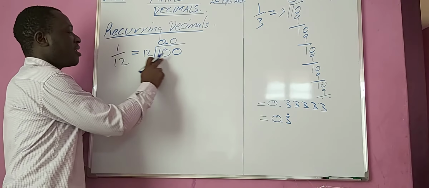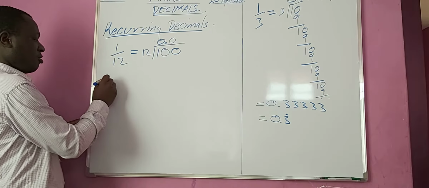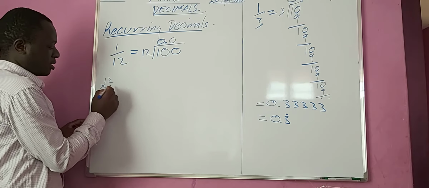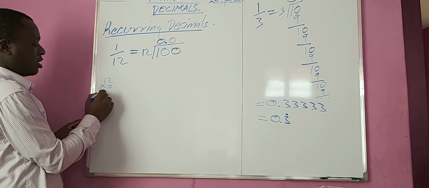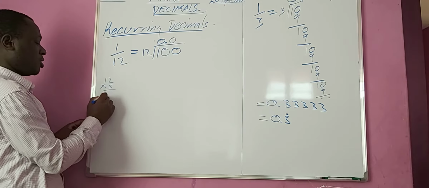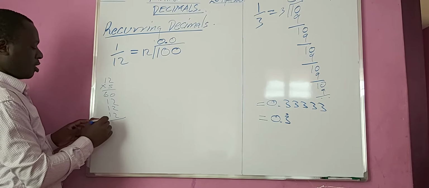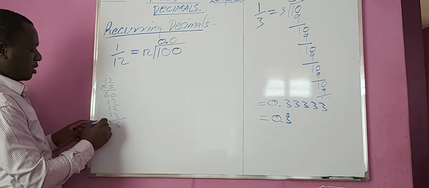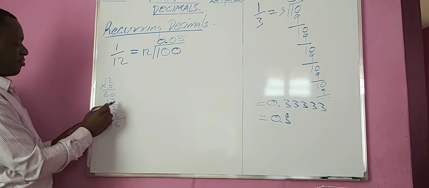Now 100 divided by 12, that is 12 times, let's say 5, not 5, it will give you 60. When you add 12 and another 12, and another 12, this is 6 and this is 9, so that is 8.